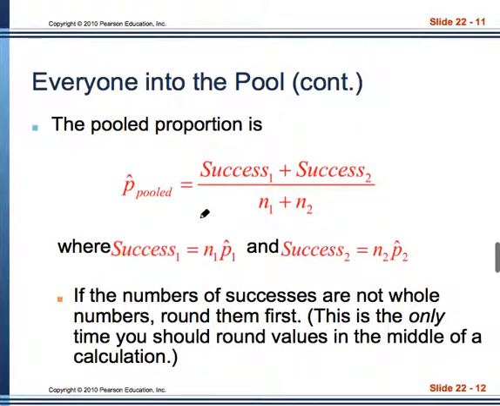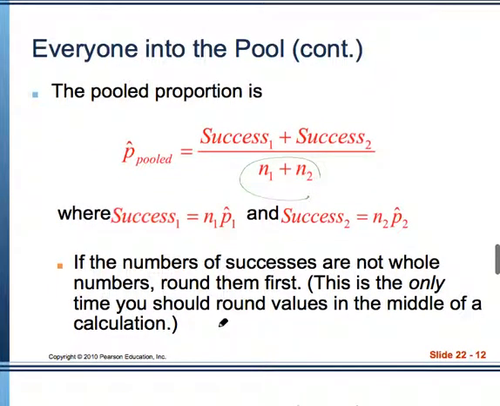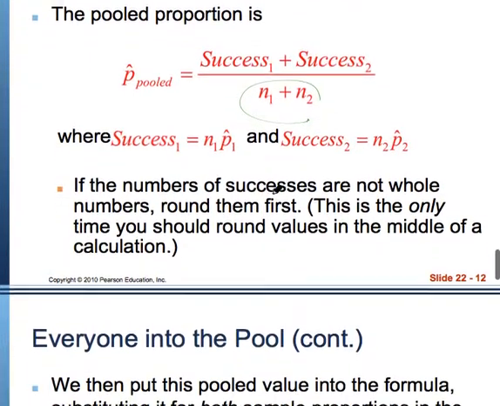The pooled proportion is the successes of the one plus the successes of the other, over the total number of people involved. You round the numbers only at the very end; you don't want to round in the middle of a calculation, and that's a very good habit. We add the successes, divided by the total number of people involved.